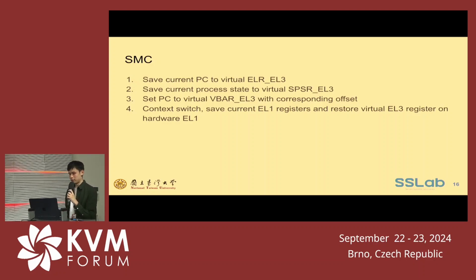This includes saving important information like condition flags and processor mode, so that we can correctly restore the system state after the exception handling. After that, we set the current program counter to the virtual VBAR_EL3 with the corresponding offset. This step redirects execution to the EL3 exception vector table, allowing the system to handle the SMC as though it were operating in EL3.